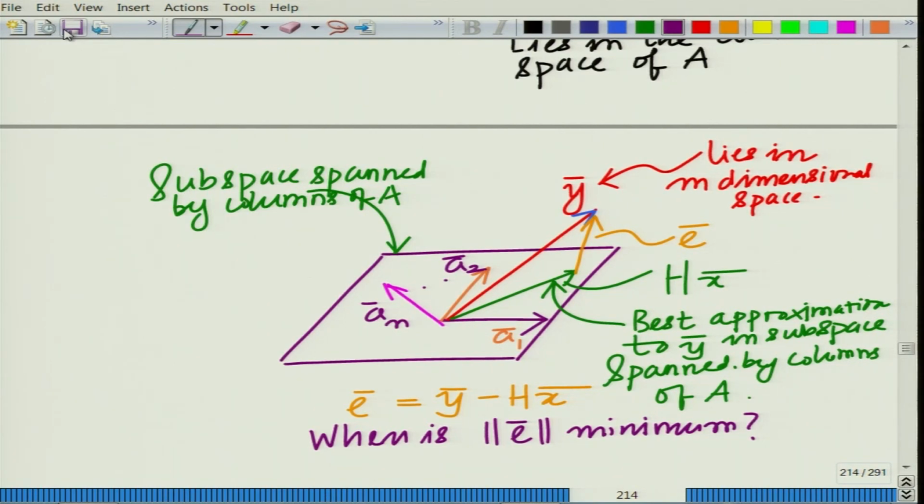If you have a 2-dimensional subspace, that is a plane, and a general vector in a 3-dimensional space, and you ask what is the vector in the plane which is closest to this vector, naturally the closest vector is obtained when this error vector is perpendicular to the plane.